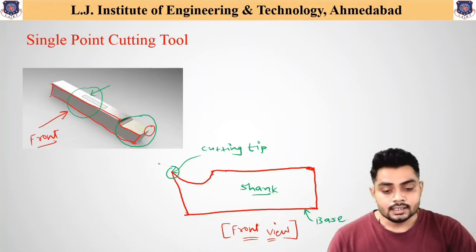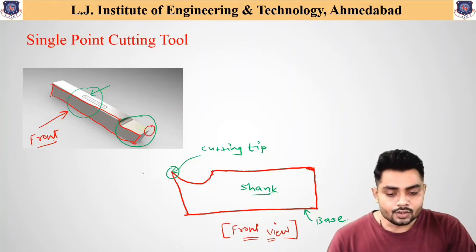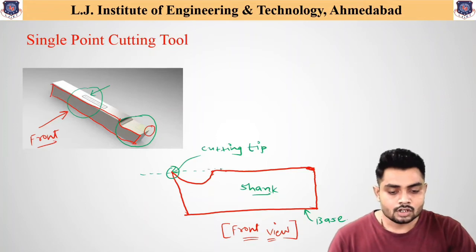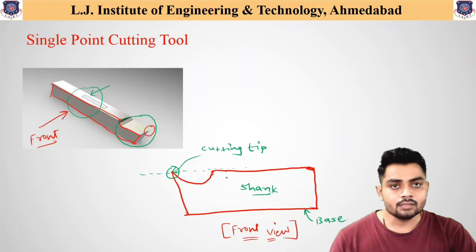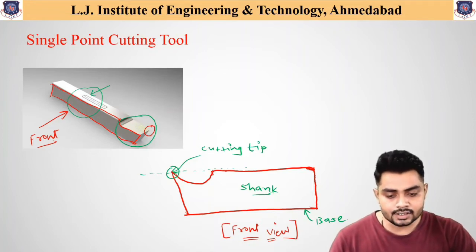Now similarly, another point that you can see over here: if we draw a horizontal line from the tip of this cutting tool, this horizontal line makes a certain angle with this curved line.